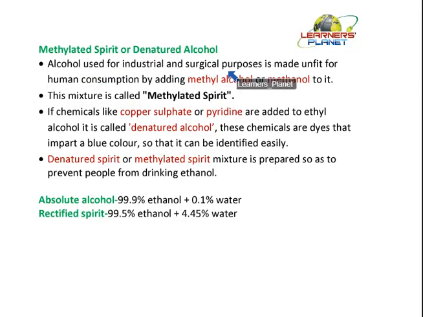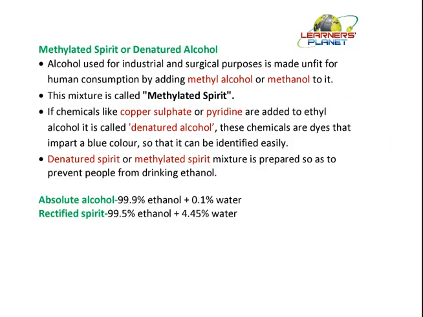Alcohol used for industrial and surgical purposes is made unfit for human consumption by adding methyl alcohol, or methanol, to it. Just imagine, in a medical industry, or an industry which is making cough syrup, where ethanol is used, if the workers start consuming it, what will happen?